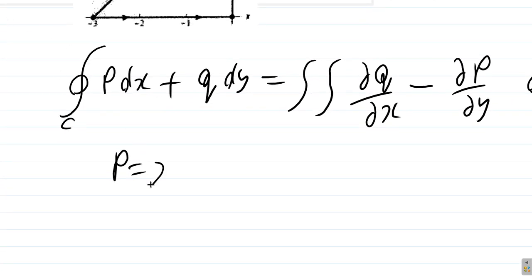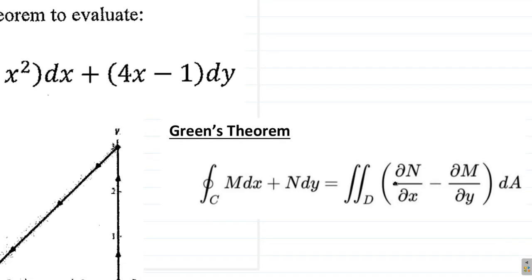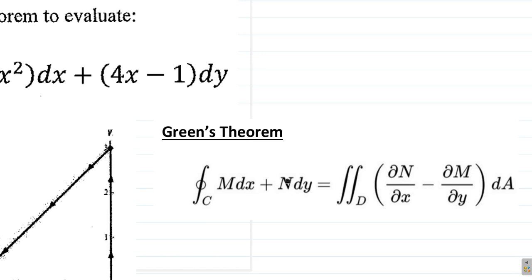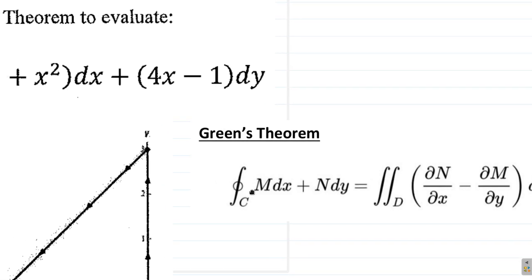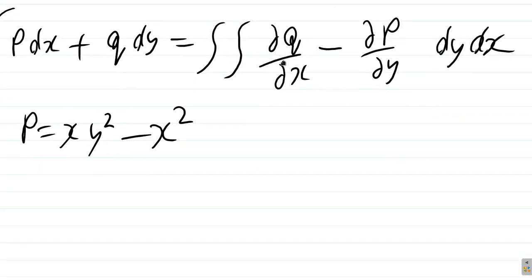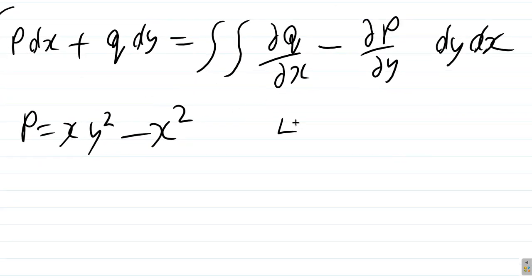So p is xy squared minus x squared. Q, or in this case n, well, my p would be m. In my case q is 4x minus 1. That's q.